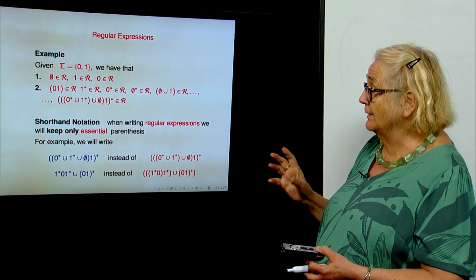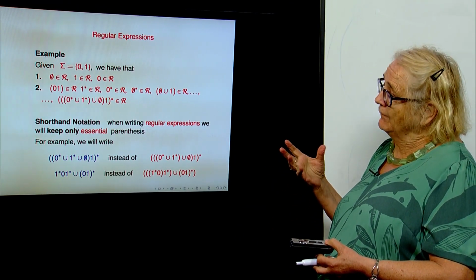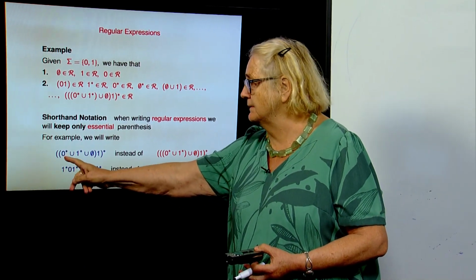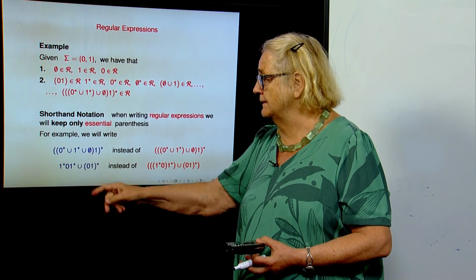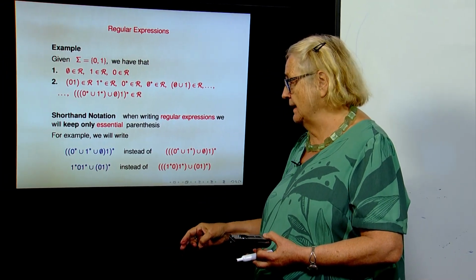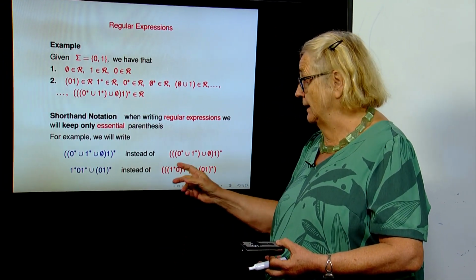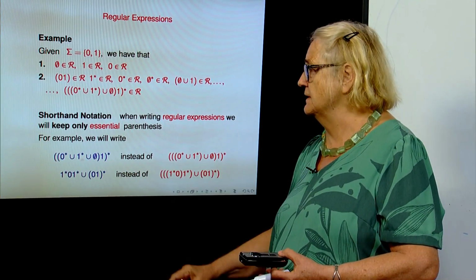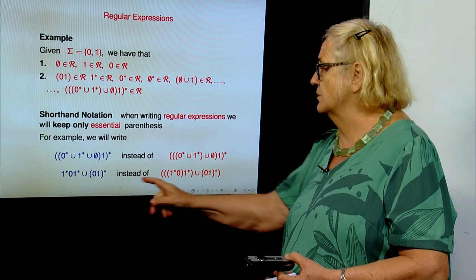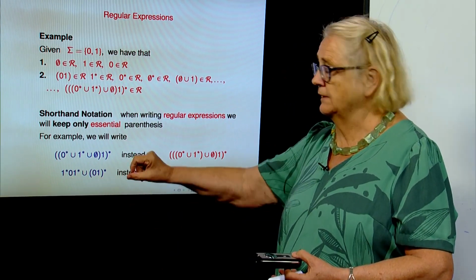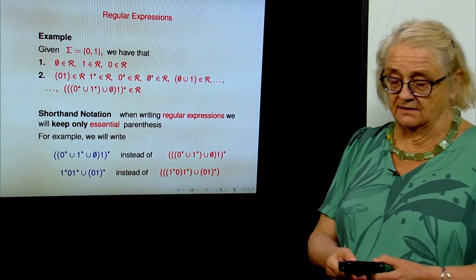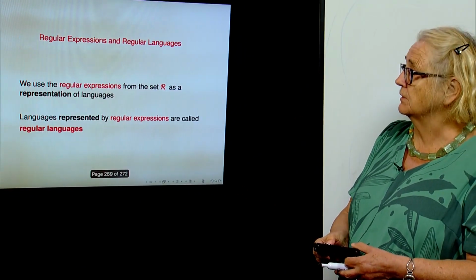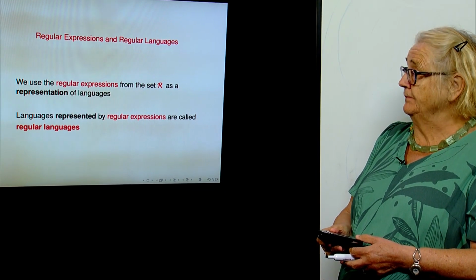We can keep the essential parentheses, because you know that, for example, the union is associative, so instead of writing those parentheses, you can write this, and then if you have this, you can write that. So you can keep only essential parentheses, so let's simplify a little bit.